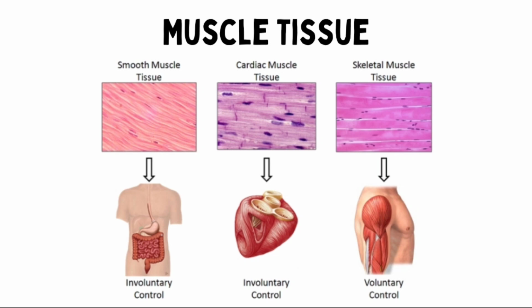The smooth muscle is present in many organs such as blood vessels, lungs, stomach, and intestines, and their movements are of involuntary control. The cardiac muscle tissue, as its name says, is found in the walls of the heart, and like the smooth muscles, its movement is of involuntary control.